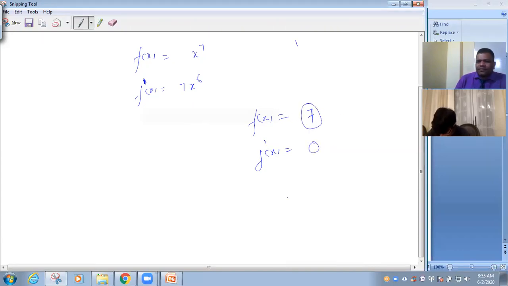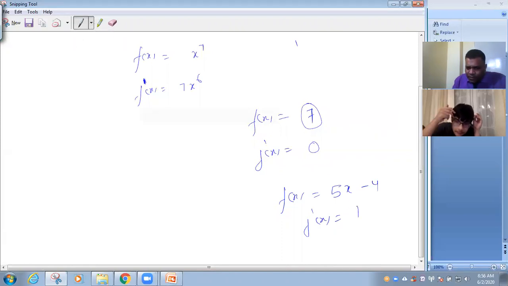F of x is equal to 5x minus 4. What is f dash x? See here, I told you, you can do this separately: the derivative of 5x minus the derivative of 4.